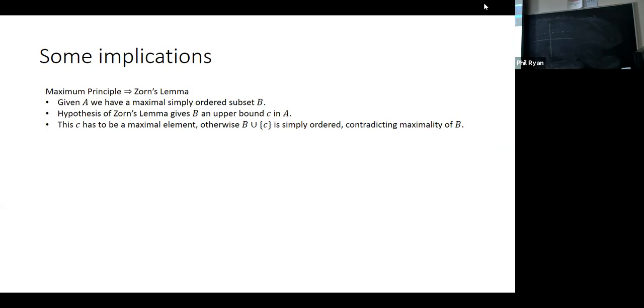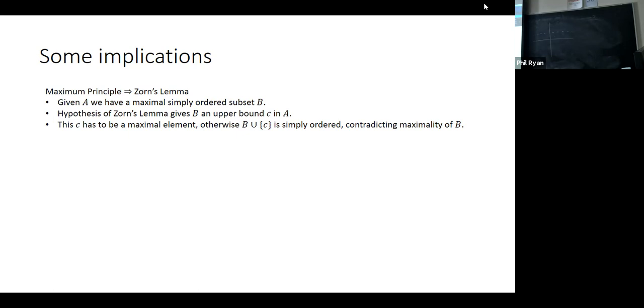So we're not going to go into all the implications, but let's just go through a few. Why does the maximal principle give us Zorn's lemma?